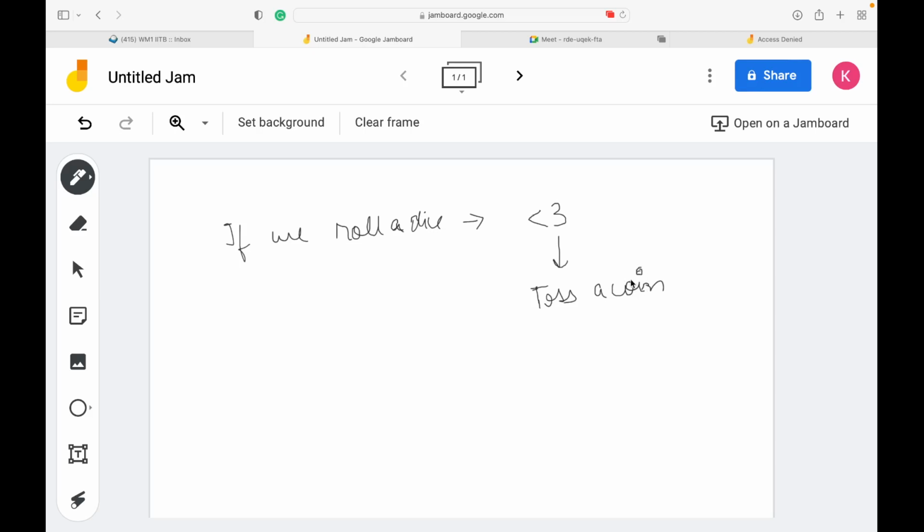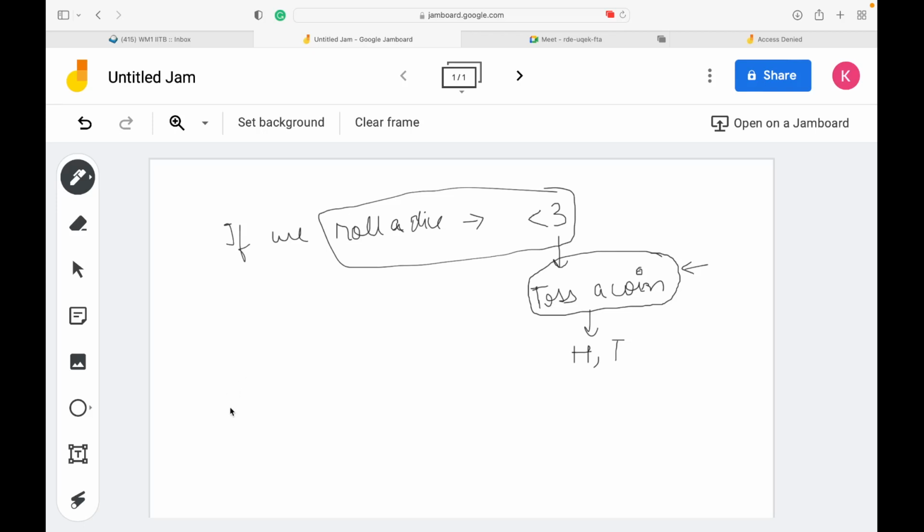Okay, and then the outcome of it can be heads or tails. So this is one event, and this is another event, but this event of tossing a coin depends on the event of rolling a dice. If the outcome is greater than 3, then only we are going to toss a coin.